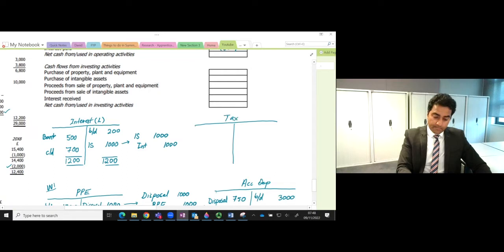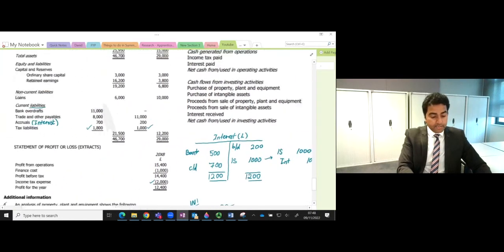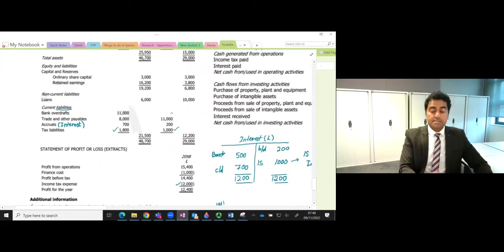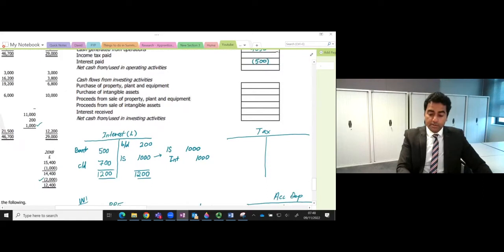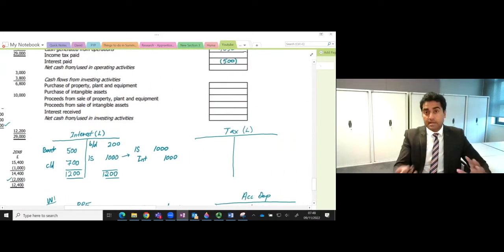I will call it tax account. And you can see that these tax figures in the statement of financial position have been recorded under the liability, so I can say that this tax account is also liability in nature. And therefore, if it's a liability in nature, the opening balance will appear on the credit side.